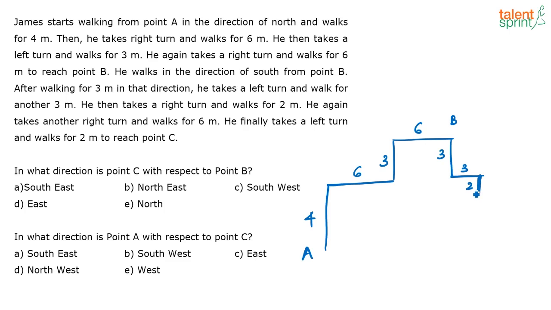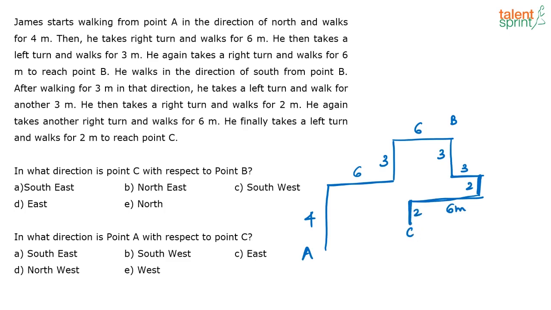He again takes another right turn and walks 6 meters. So again a right turn, from this point the right turn is here, correct? He walks another 6 meters, and finally he takes a left turn and walks another 2 meters to reach a point C.